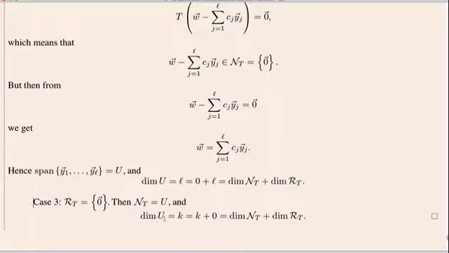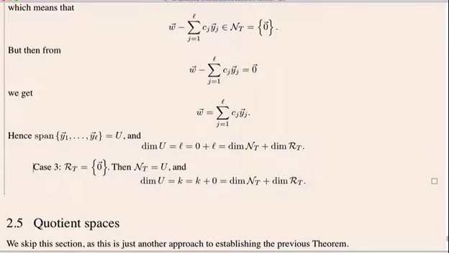And the dimension of U is just K, where K can be written as K plus 0. K is the dimension of the null space, and 0 is the dimension of the range. So this finishes this proof.